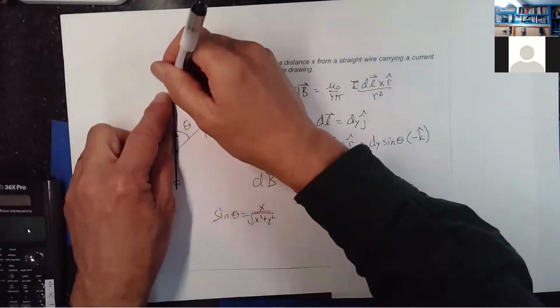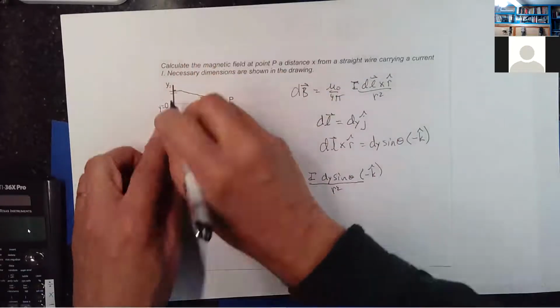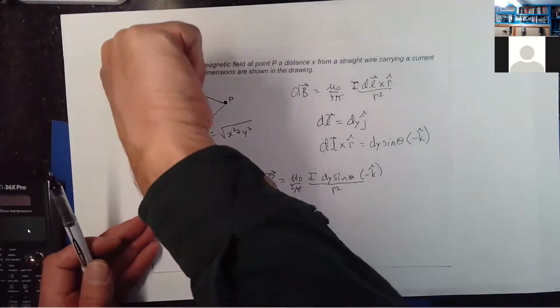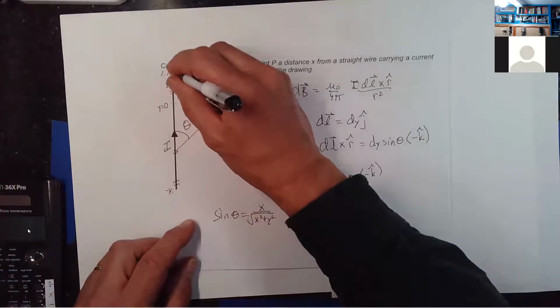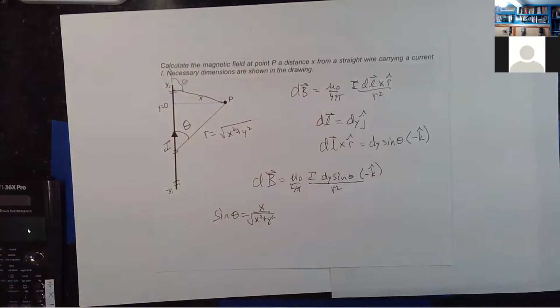Trying to think, when we get up to here, and I've got my dy going in that direction, dy cross r hat is still into the page. I guess it'll be the sine of theta. It'll just be for a bigger angle than 90 degrees, but it's not a great disaster anyway.